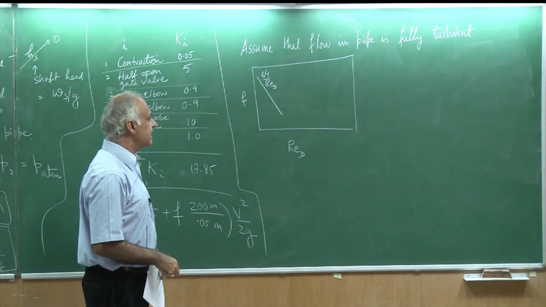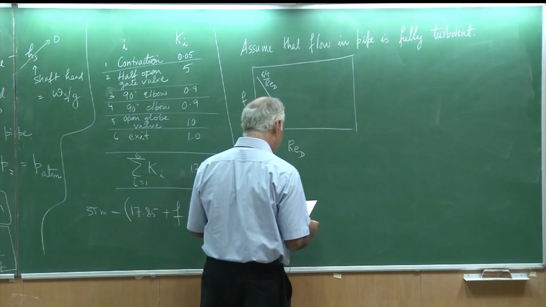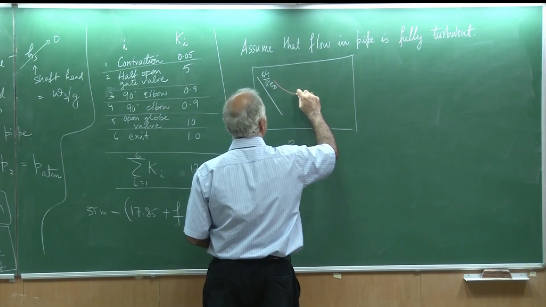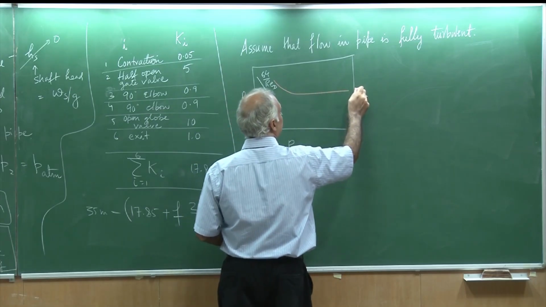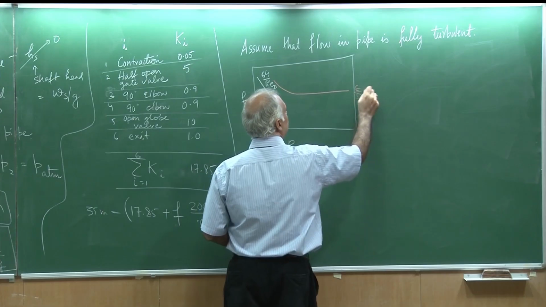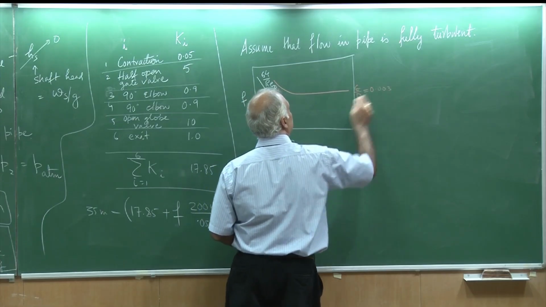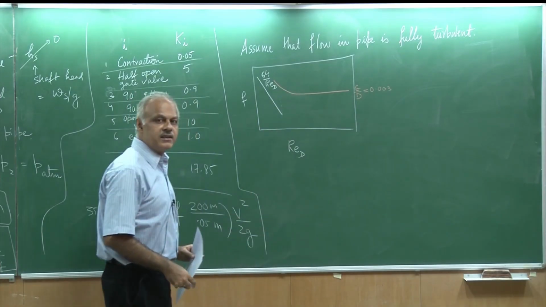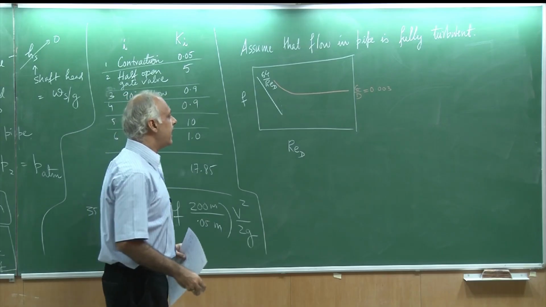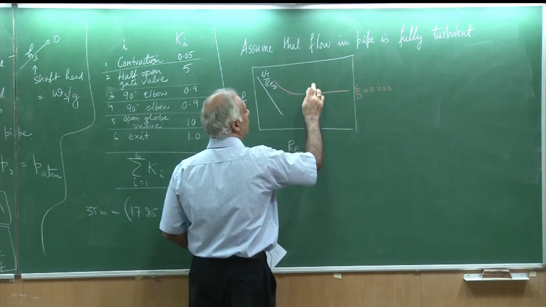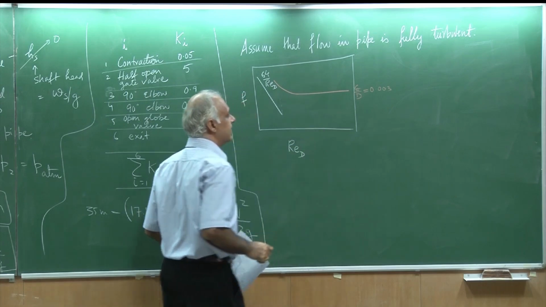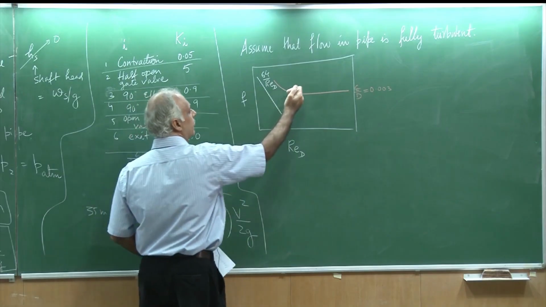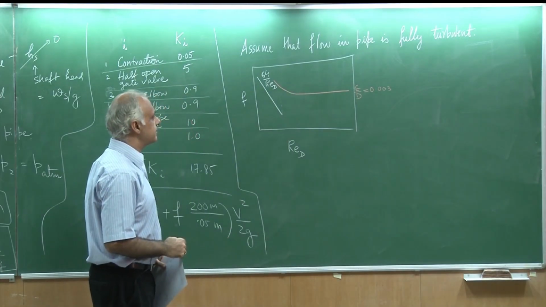If I sketch the curve for 0.003, it will probably look something like this. This would be the curve for epsilon by d equal to 0.003, and there would be other curves for different roughnesses. A higher epsilon, a higher roughness, would have a larger f value and lie above it, and lower epsilon by d would lie on the lower side.